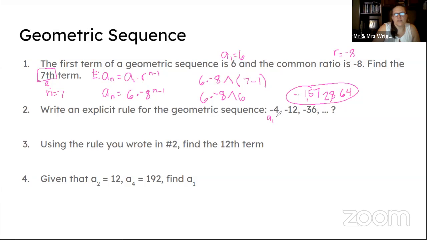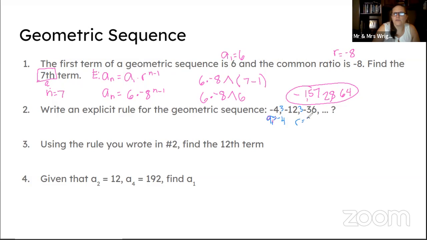Now we're asked to write an explicit rule for the geometric sequence. I know that A1 is going to equal -4. Now I need to figure out what my ratio is. -36 divided by -12 is going to be 3. And let's just double check that. -12 divided by -4 is going to be 3 as well.